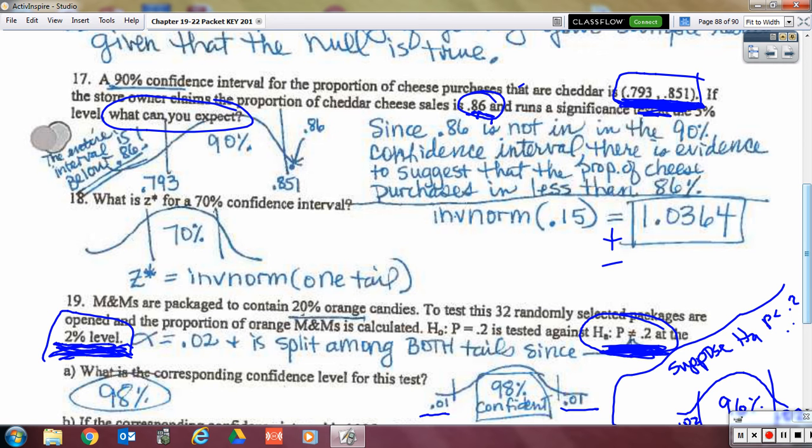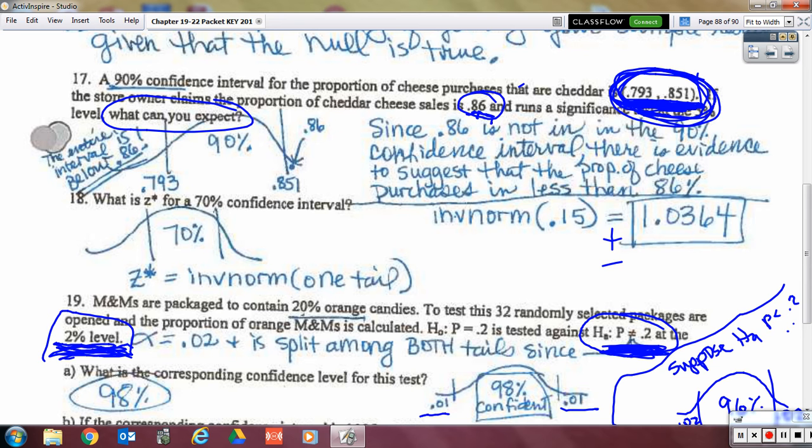So here's what happens. On 17, you go take a sample and you make an interval. We go take a sample, we make an interval, and we get this number 0.793 to 0.851. Well, you're not allowed to do an official rejecting or failing to reject with an interval. So you're going to have to run a test.